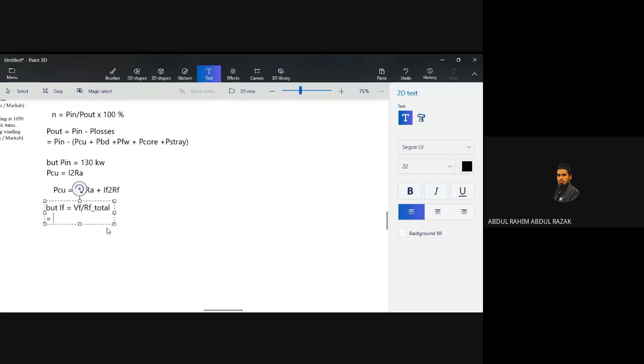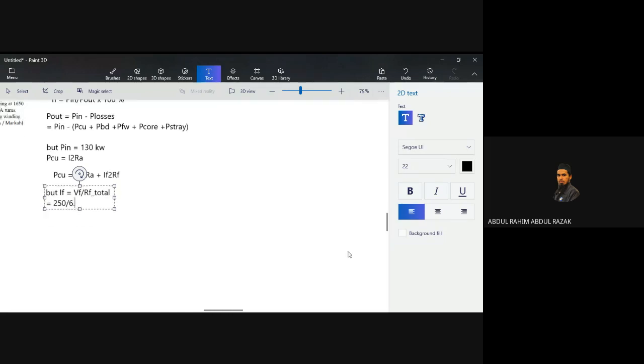So V F is 250, R F is 6.5 ohm. So you get I F of 38.46 ampere, and your I A is 400 ampere.